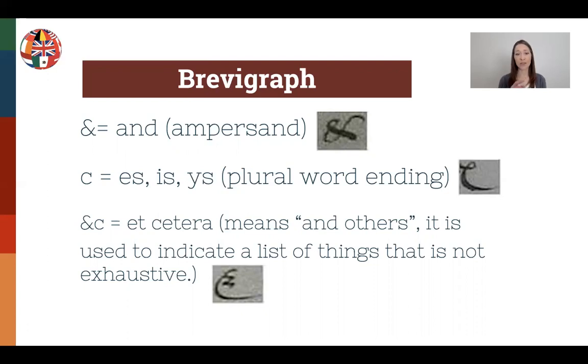So if you see kind of this flourish at the end of a word, then that could be the plural ending. If you put ampersand with a C, that's etc. And it means and others, and it's used to indicate a list of things that's not exhaustive. So in old handwriting, it kind of looks like a C with a big squiggly.